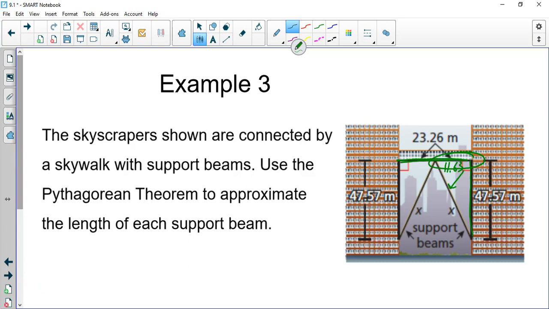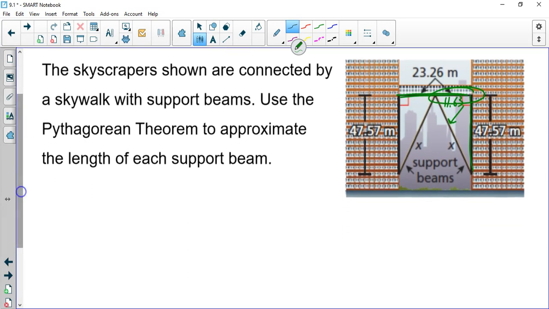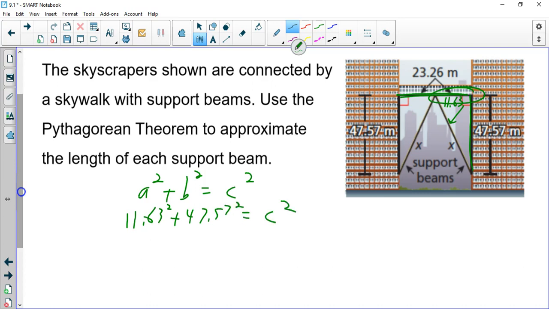We're looking for our C, our hypotenuse. So we have A, we have B, and we're looking for C. So we're going to put in the numbers that we have: 11.63 squared plus 47.57 squared equals C squared.